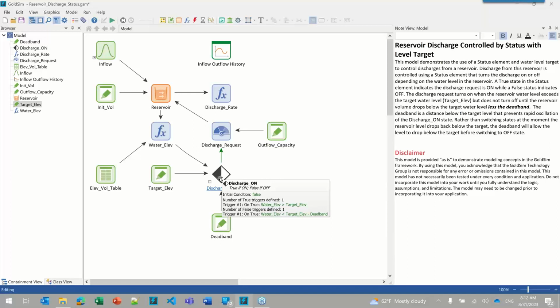Rather, we want to delay the decision and allow the water level to move further away from the target before we make a change.